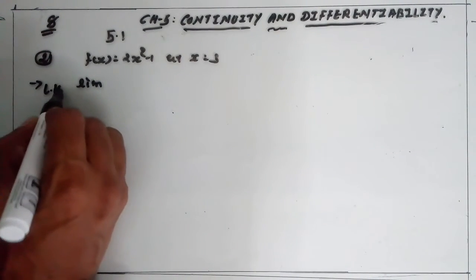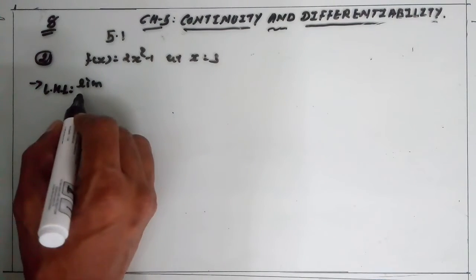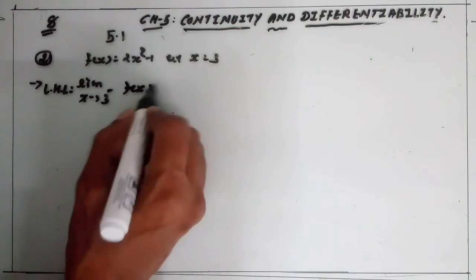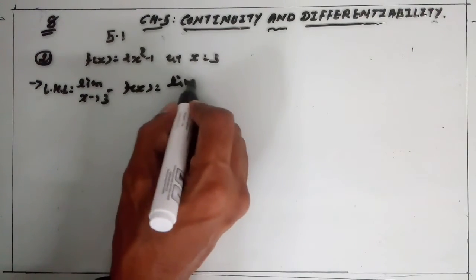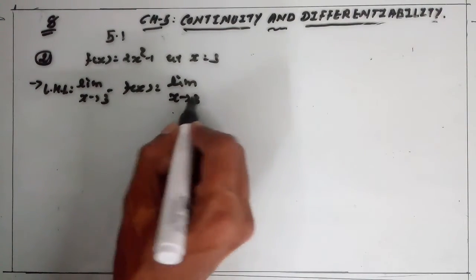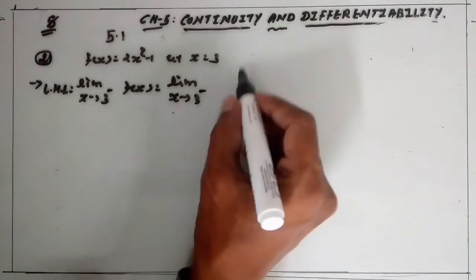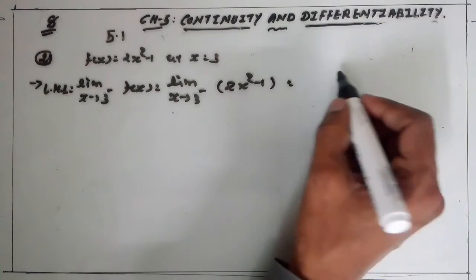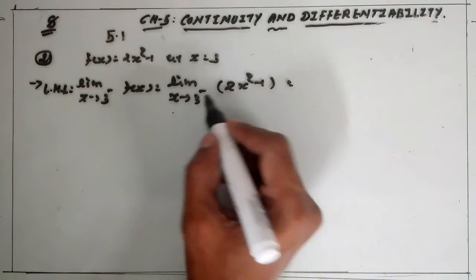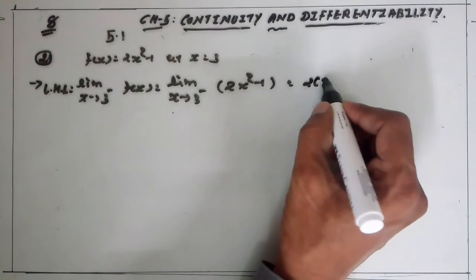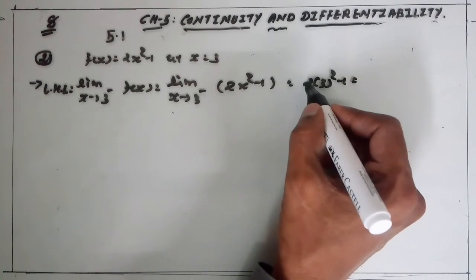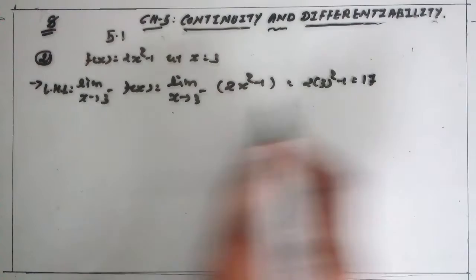Left hand limit is equal to limit x tends to 3 negative of f(x), which is limit x tends to 3 negative of 2x² - 1. Replace x by 3. So 2 into 3² minus 1. 3² is 9, 9 times 2 is 18, minus 1, that is 17.